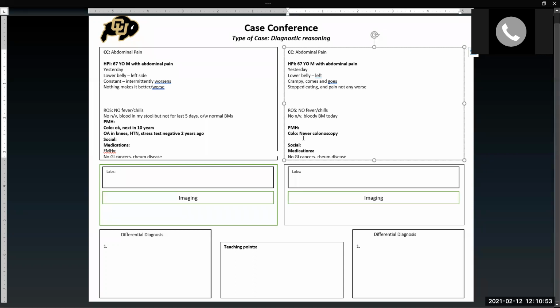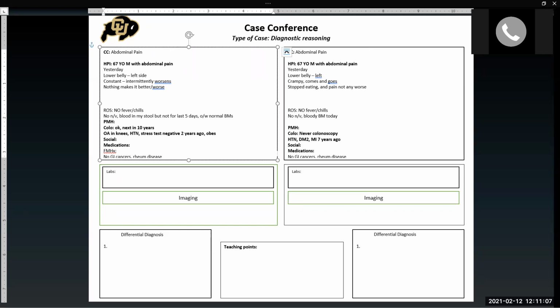The second patient has hypertension, diabetes. He had an MI 7 years ago. And I forgot to mention the first patient also is obese.